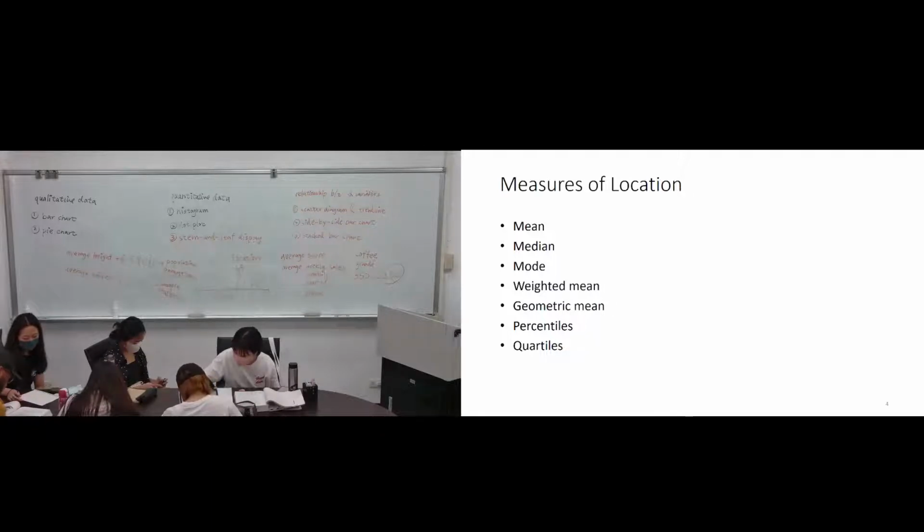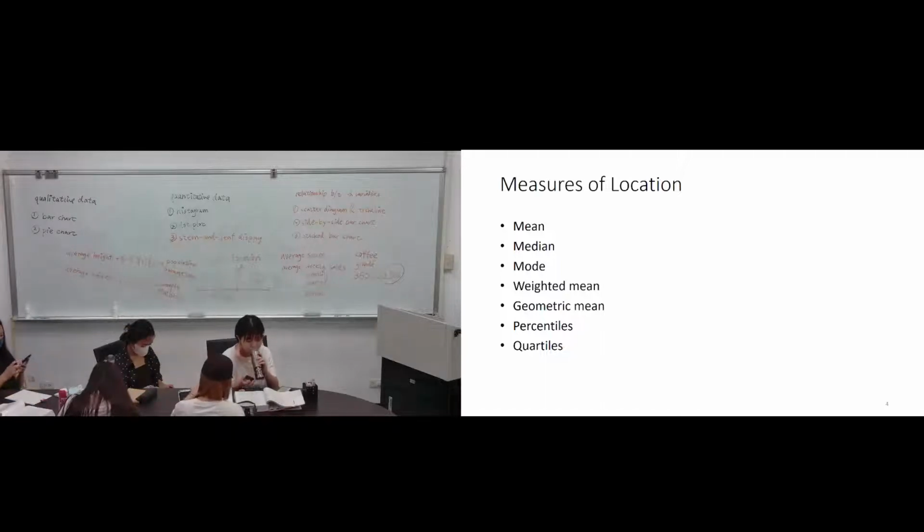In addition to that, in this chapter we will also learn how to calculate the weighted mean, for example, like your GPA, which is weighted. And the other one is the geometric mean, which we use to measure the growth rate of your return over a particular investment period.